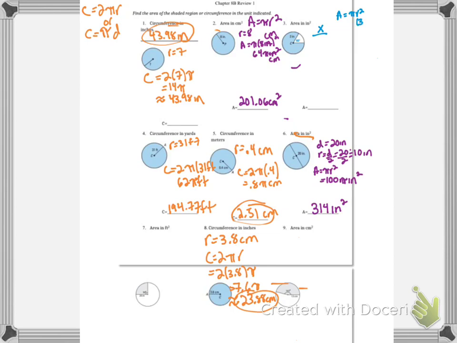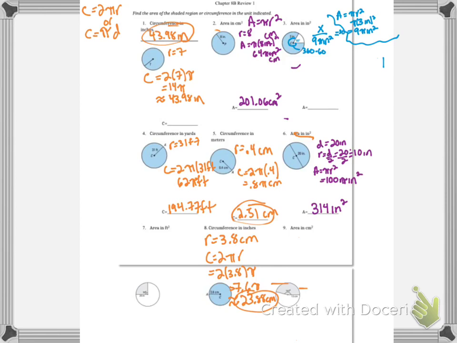So 3 inches squared times pi. I'm going to leave it as 9 pi inches squared right now because I don't want to deal with the decimal. So 9 pi inches squared equals, and then you want the degree of the shaded region. When we see the non-shaded region is 60, that means the shaded region here has to be 360 minus 60, which is 300.